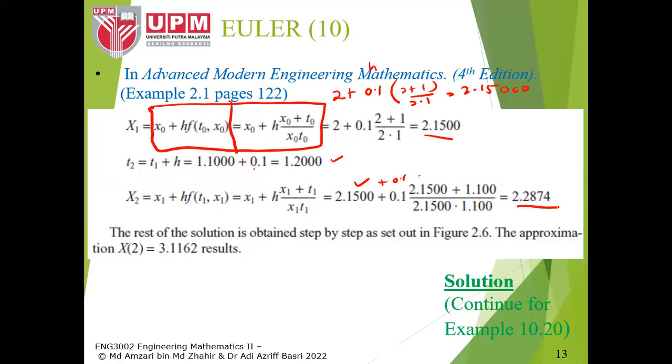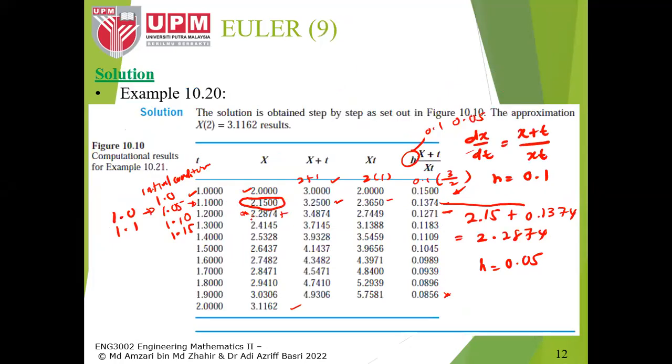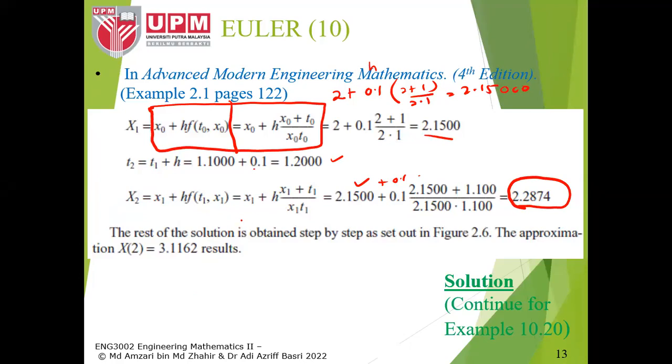You will get 2.287. So this is how you get 2.287, okay? So this is how you calculate the approximation using the Euler method. So the rest of the solution is obtained step by step, as mentioned in figure 2.6. The approximation of x2 at the end is 3.1162. Okay.